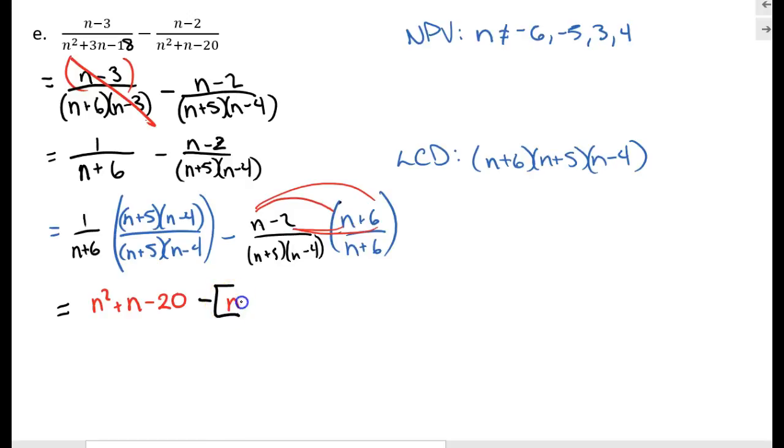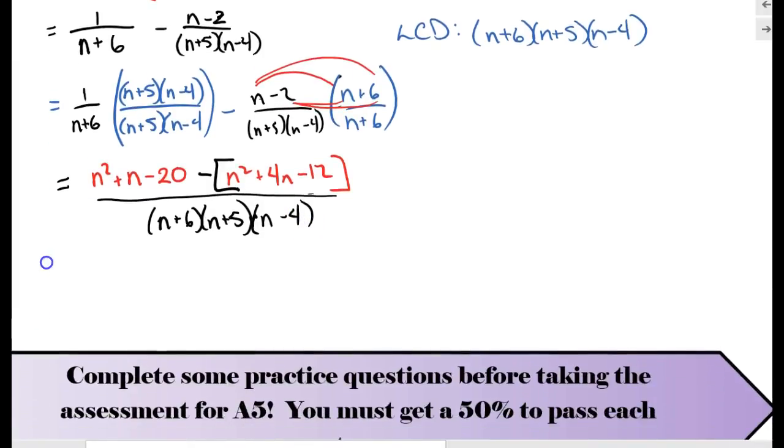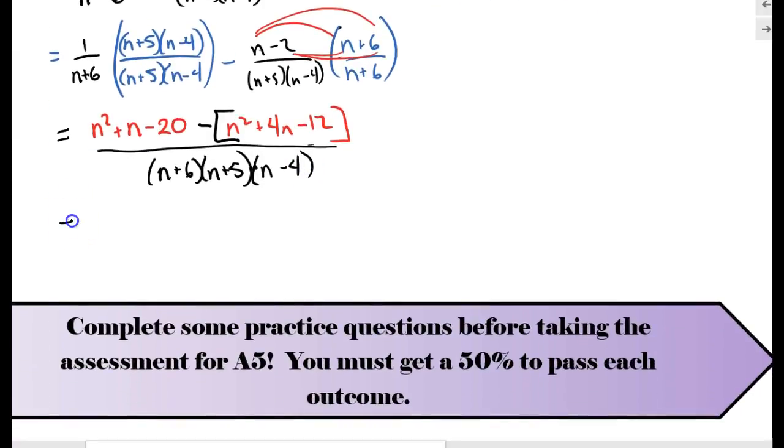So I've got n squared plus 4n minus 12 all over my triple denominator, which I am not going to FOIL out. Again, you are welcome to, but I am not going to.